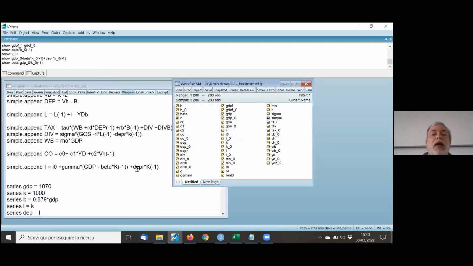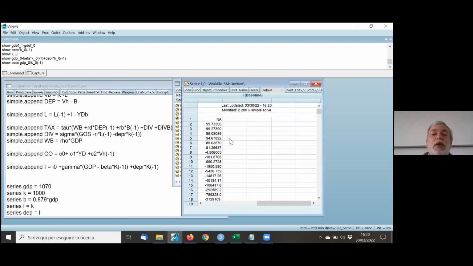But this is saying that I have a problem of convergence. And indeed, investments are going hugely negative, because they are smaller than depreciation at the beginning. So the stock of capital will be falling and GDP will be falling. So this has not worked.